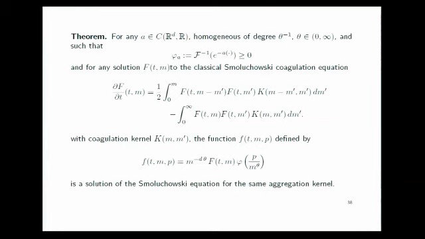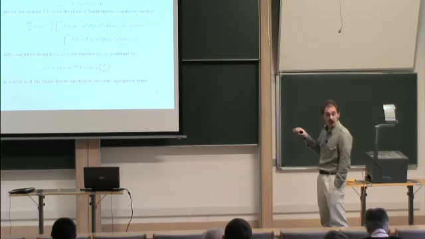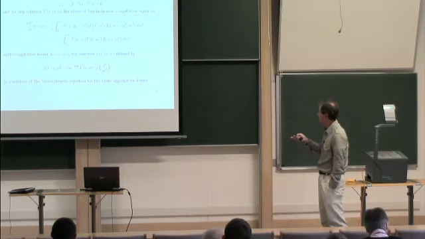So in that case, this function, where d is the dimension and theta is that number here, is a particular solution of the Smoluchowski equation. The kernel only depends on the mass, but the equation depends on the momentum. So that gives you a particular family of solutions of the complete equation.